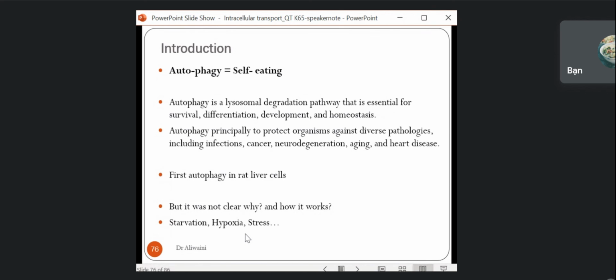Or in some stress conditions like heat, the increase of temperature, some proteins are defective, or some organelles are defective also, and the cell cannot repair them. So in this case, the cell will destroy the structure or the organelle in order to maintain the stability of the cell. So that is some of the purpose of autophagy.